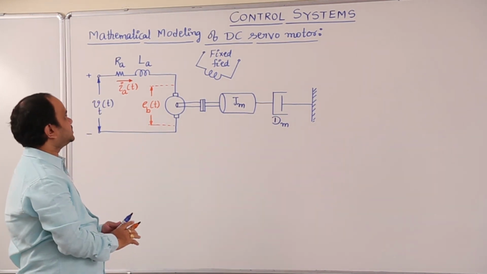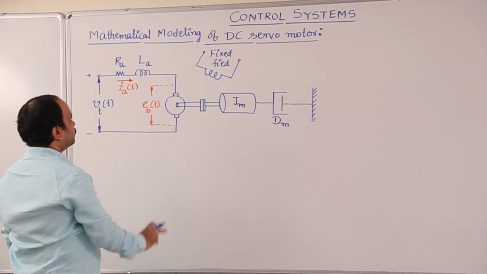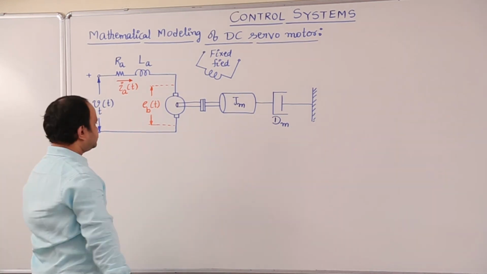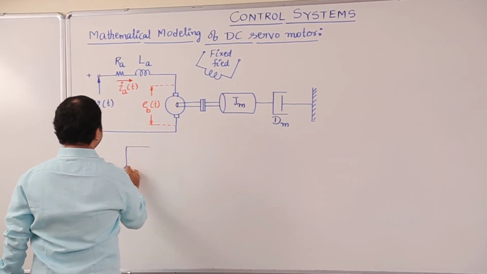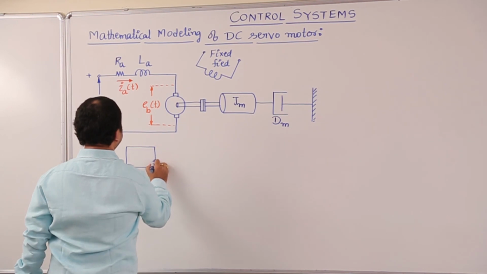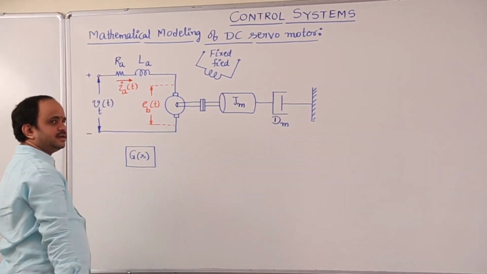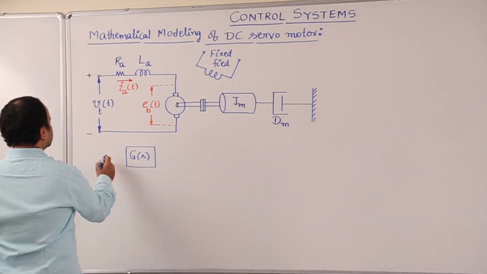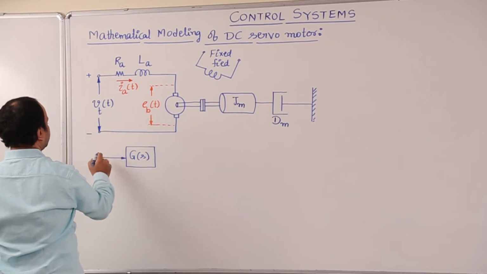So, what is the objective in this discussion? We would like to find the transfer function of this DC servo motor. Transfer function, let us write G of s. So, what is the input for this DC servo motor here?